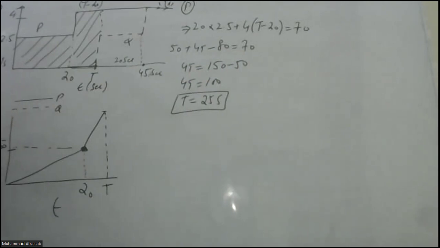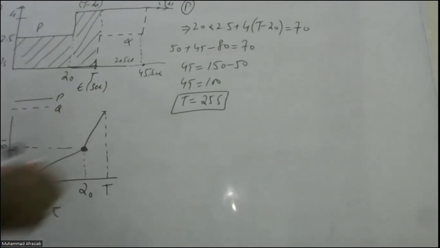In the third part, they are asking how much distance is between P and Q when Q reaches the speed of 4 meters per second.